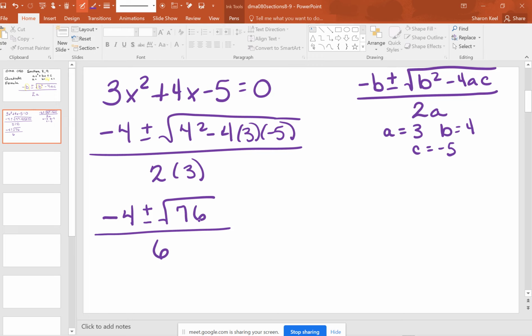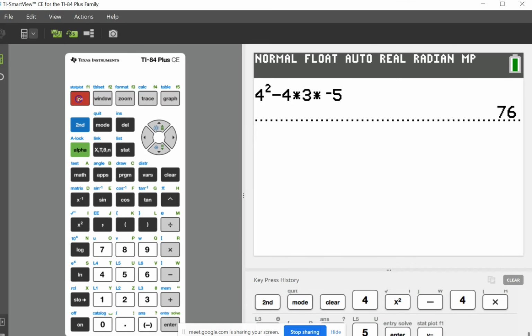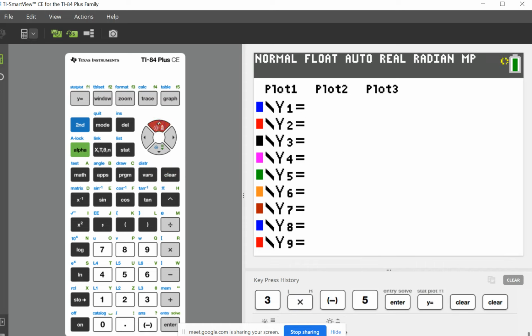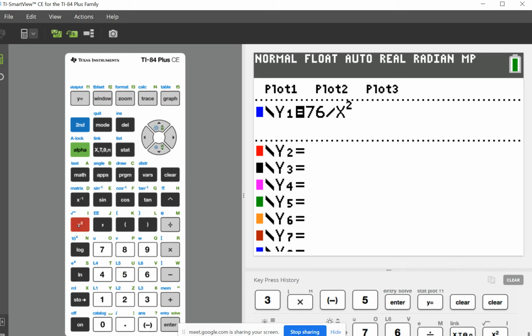Now, just as we learned in this module, we can simplify the square root of 76. We're going to go to y equals. I'm going to clear both of these rows, and I'm going to do 76 divided by x raised to the index, which was squared.